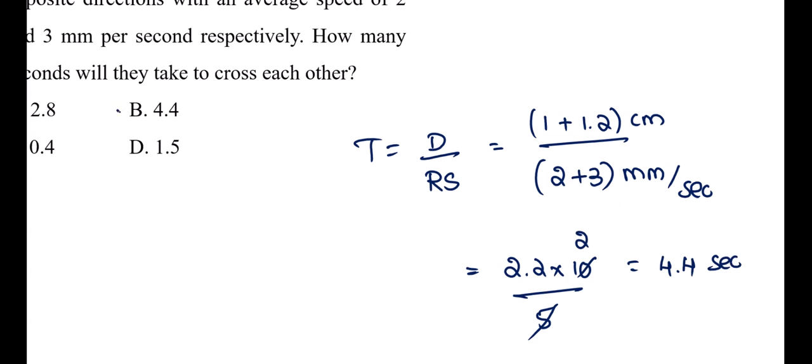Into 10, because of that conversion, millimeter to centimeter or centimeter to millimeter. When distance is in centimeters and speed is in millimeters per second, maintain distance also in millimeters. So 4.4 is the answer.